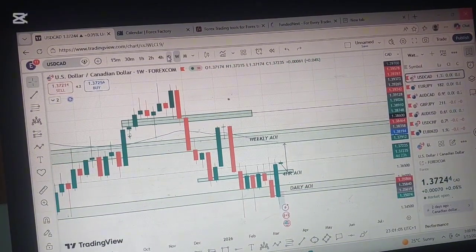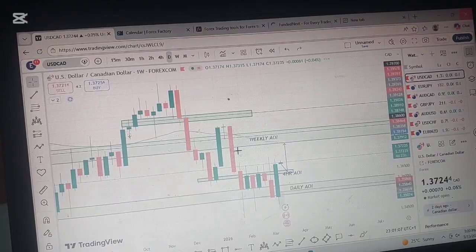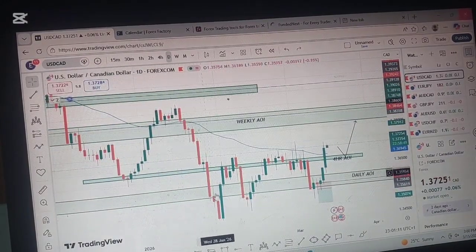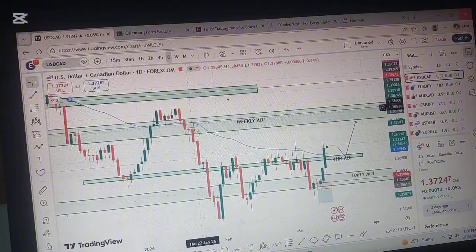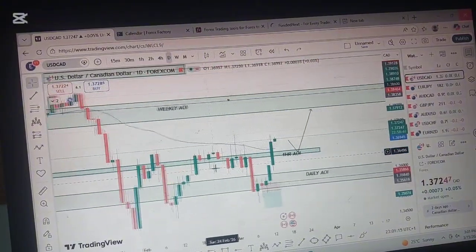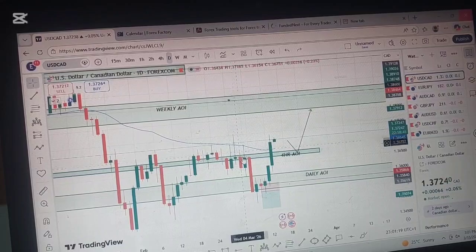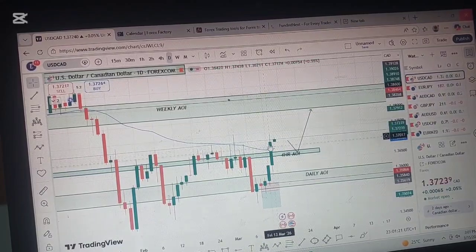So weekly bullish. On the daily time frame we can clearly see we are bearish, but apart from here you can clearly see we are bullish. This was the lower high, this was the lower, shifted bullish.